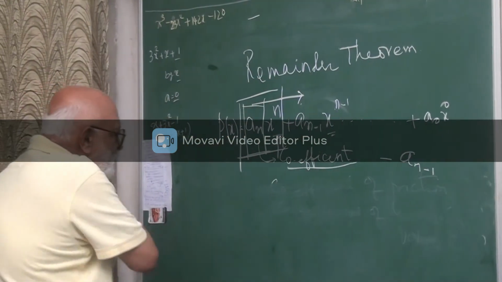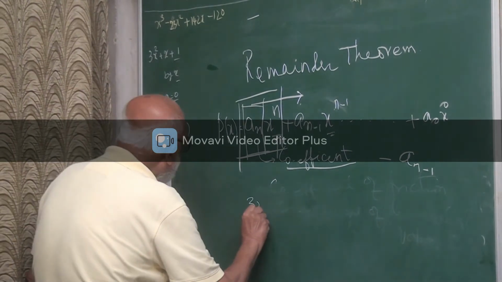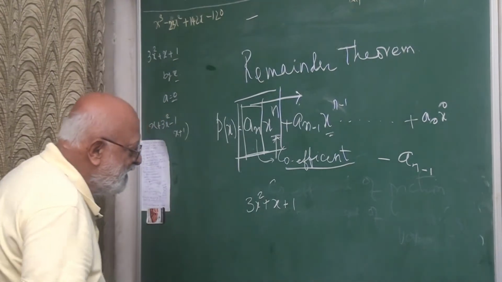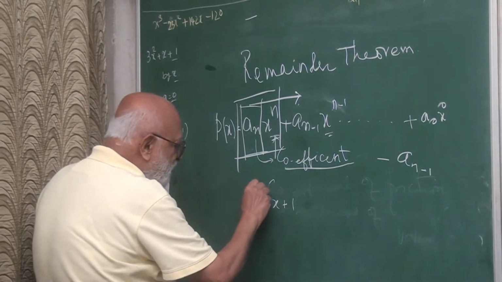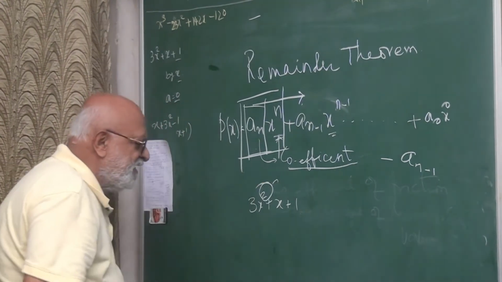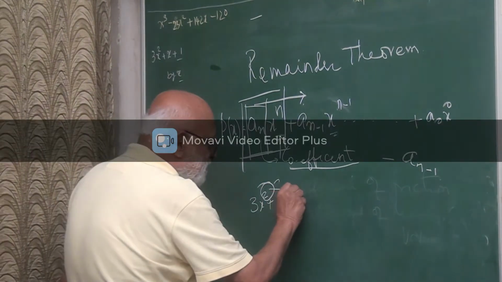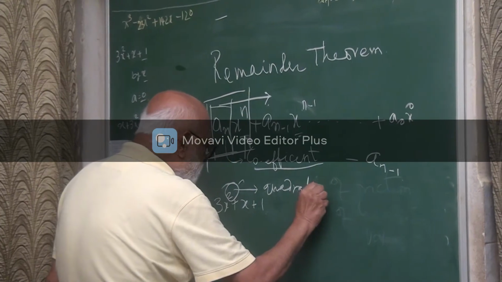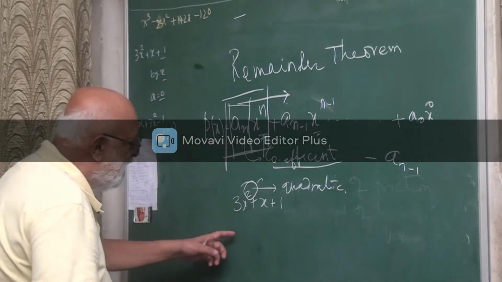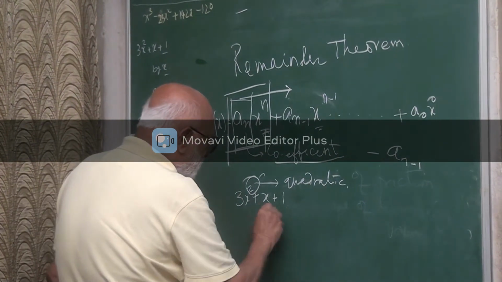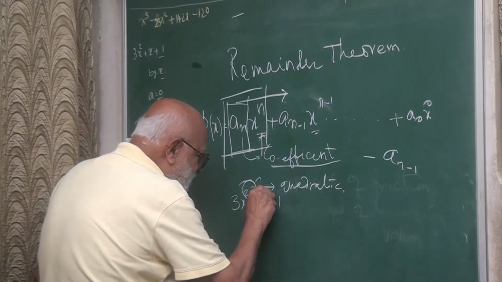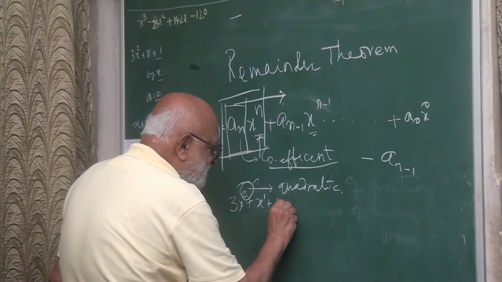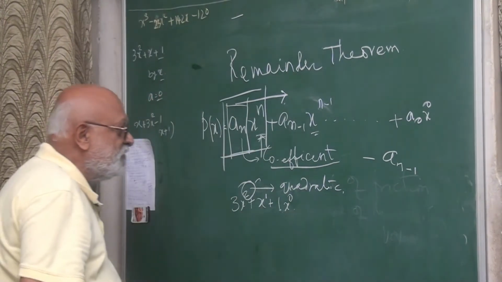Let us take a polynomial 3x² + x + 1. Its degree is 2, that means it is a quadratic. And this is going in a standard way. So this is 1, and here 1 means this is x to the power 0. This we have said.